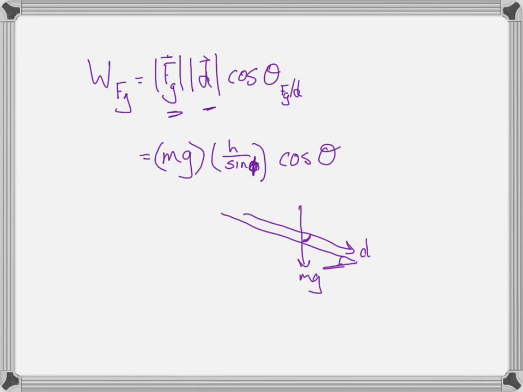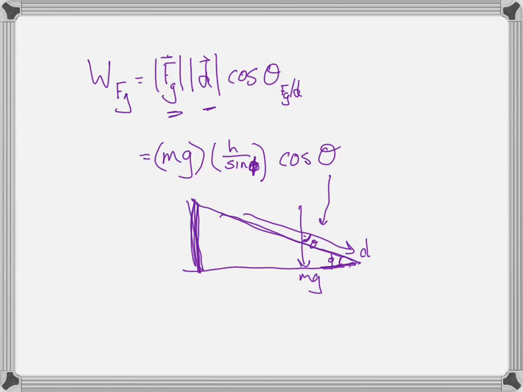It's not phi. Do this geometry here, and I know for some of you it's going to be a bit tough, but phi is that ramp angle. Theta in this case is this angle here. So this is the theta that we're interested in, the angle between mg and d.